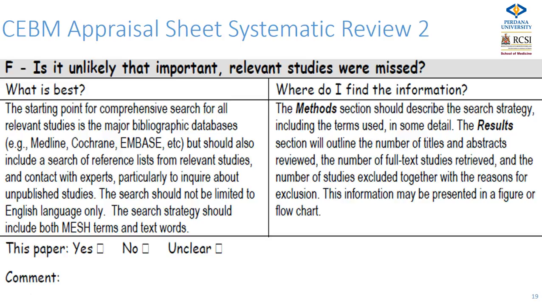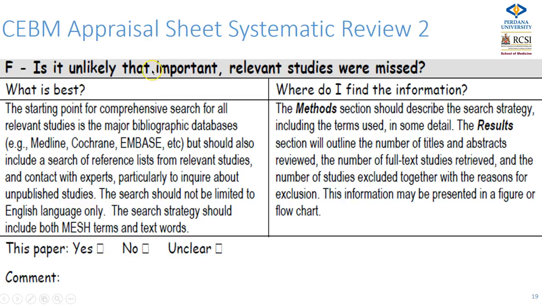So, if the researchers in the methods section list a comprehensive list of databases such as Medline, Cochrane, Embase, etc., and also include a search of reference lists from the studies that they received from these, and also making email contact and other contact with experts, and also to look at grey literature, conference presentations, and not limiting their search to English language only, and also in their search strategy, in, let's say, PubMed, using keywords and MeSH terms, well, you know this is a comprehensive study.